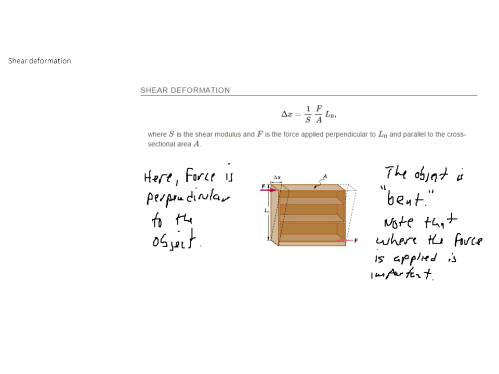So if the same force was applied lower down here, the deformation would not be as great. So it's important to note that L0 represents where the force is applied.